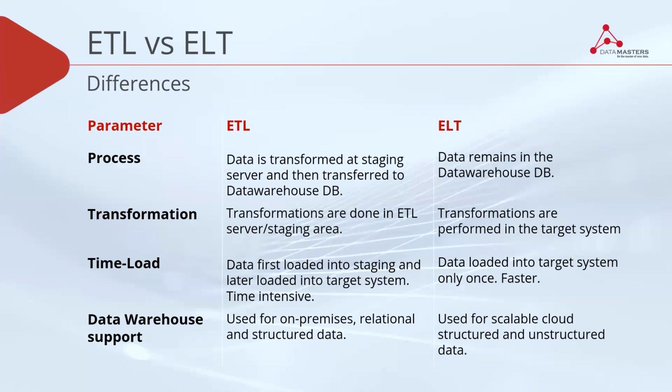So the main things, as I pointed out previously, are summarized on this slide. In the ETL process, data is transformed at a staging server. So for example, you have the extraction on one virtual machine, then that data can be moved either to a new machine for transformations, which has to be really powerful, or stay on the same one.